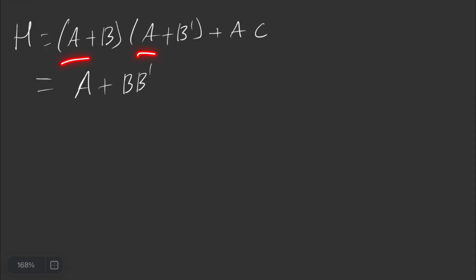Whenever you see a in both brackets and you see it's being ORed with two different variables, you know that you can convert it into this form, or vice versa.